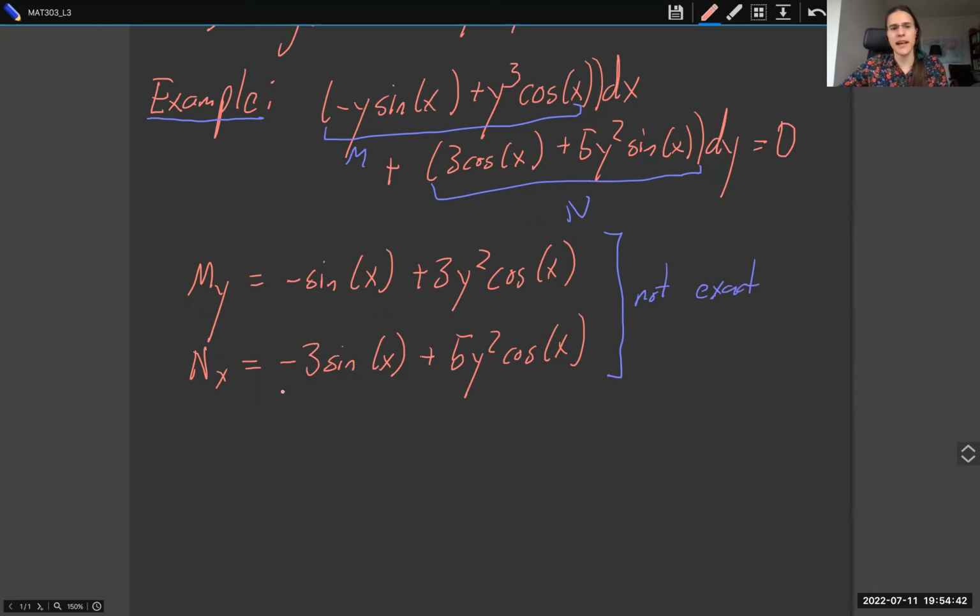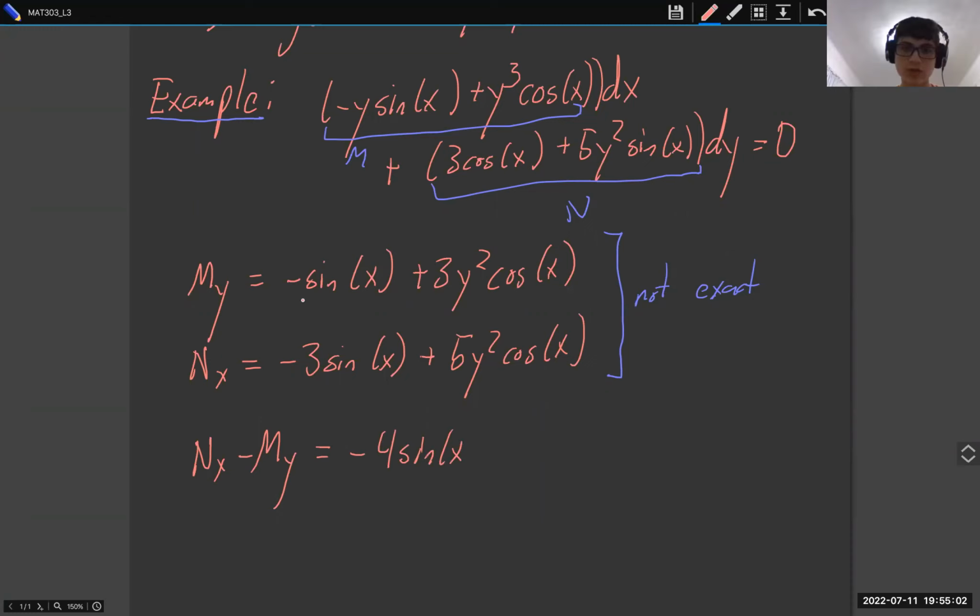However, if we consider the second one minus the first one, which is the same thing that we considered in the first example as well, what we get is, this minus this, we get minus 4 sine x. Sorry, this becomes a plus, so it's minus 2 sine x, and then 5 minus 3 is 2 y squared cos x.